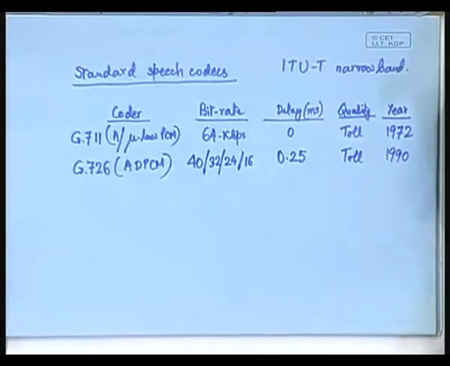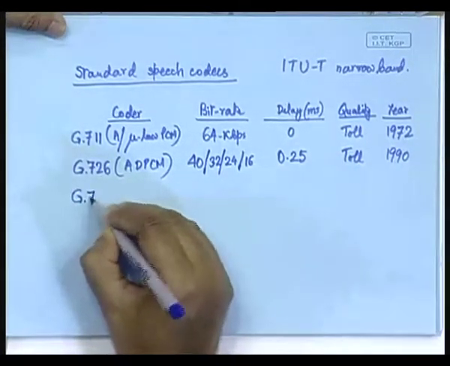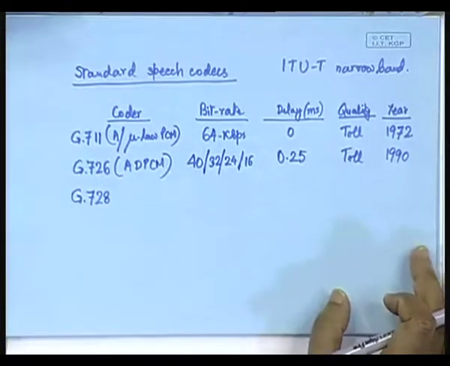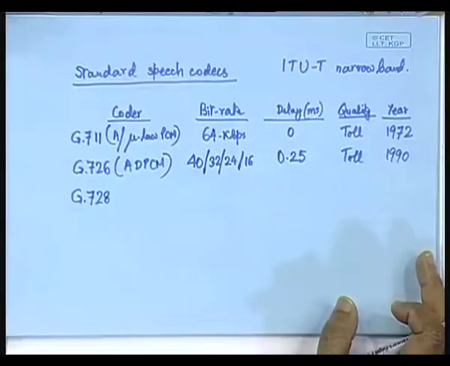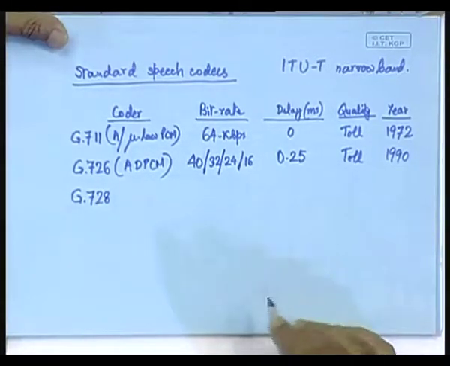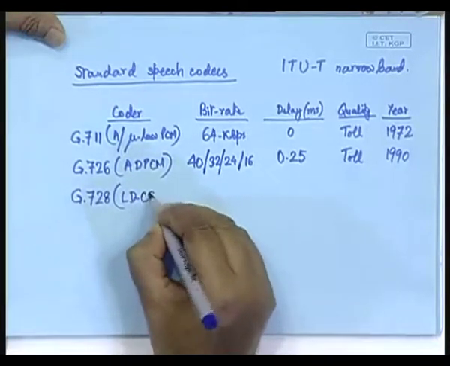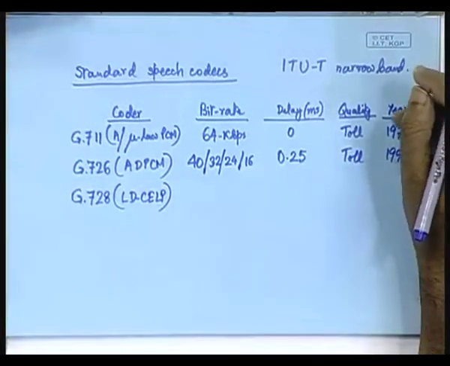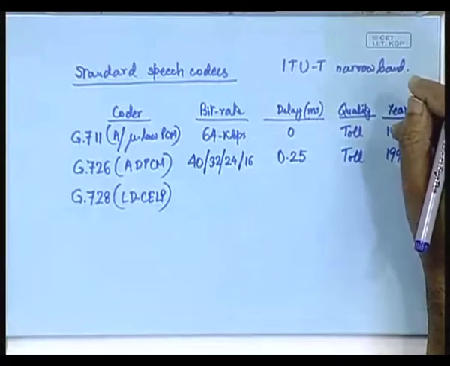The next that we talk about is the G.728 encoder. G.728 is not exactly a waveform approximation coder, it is actually a hybrid coder, LD-CELP. CELP stands for code excited linear prediction. I am not explaining this in detail right now.